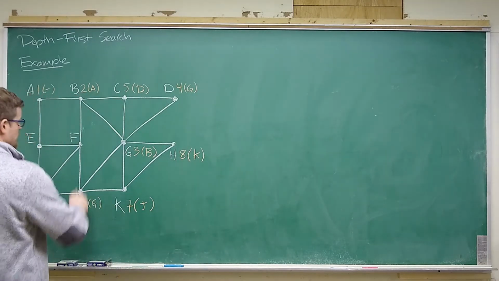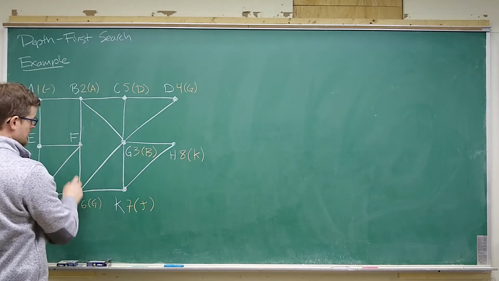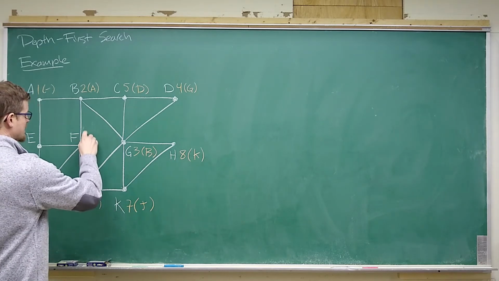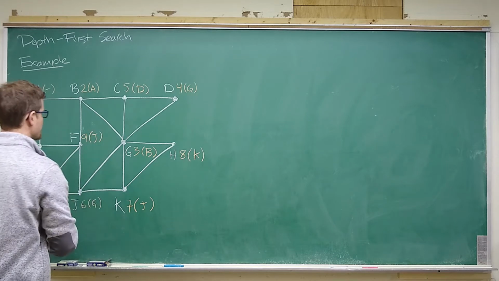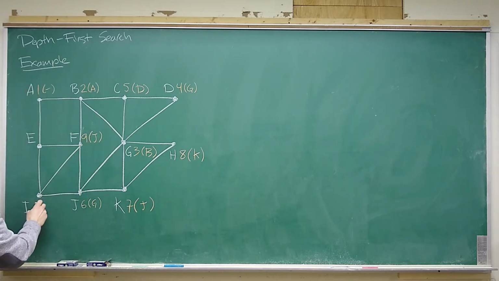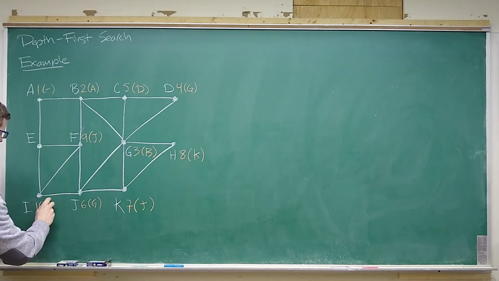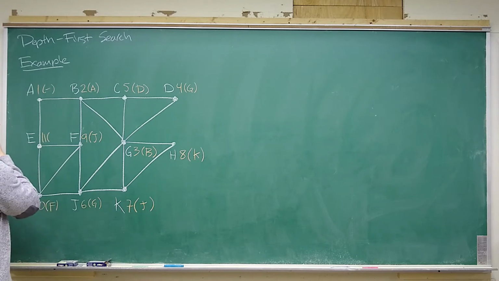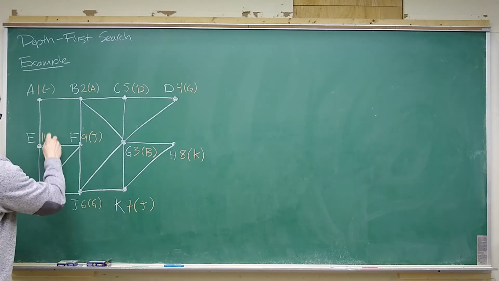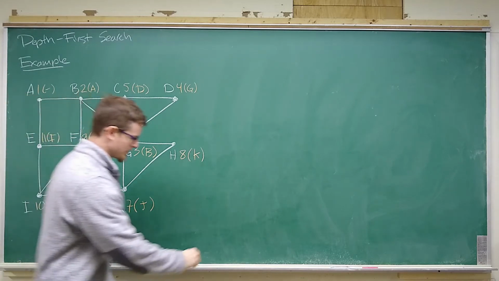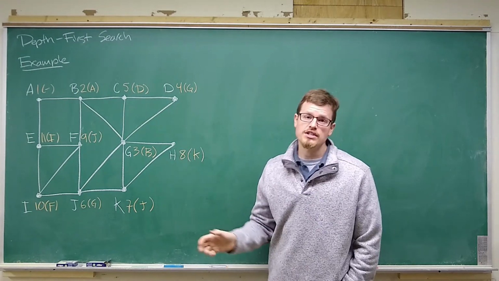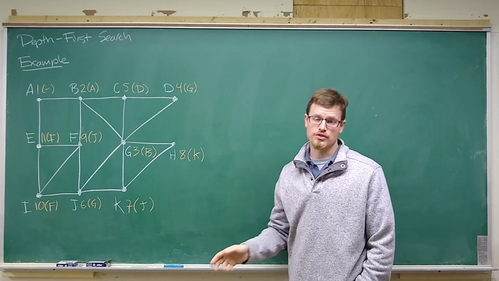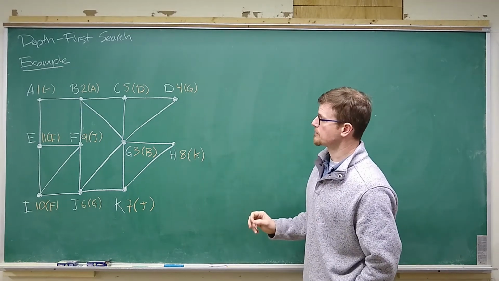So let's go up and say this one is, I've already used 7 and 8, so I'm at 9, having predecessor J. And then I'm going to travel down to I, so this has label 10 with predecessor F. And then I'm going to travel up this edge to E, so E has labeling 11, and it has predecessor I.